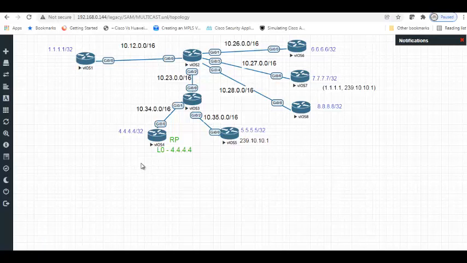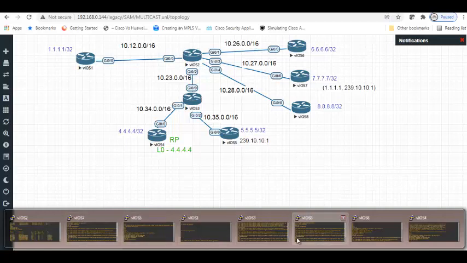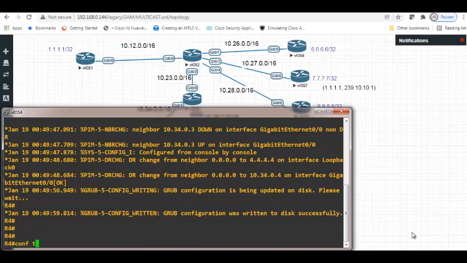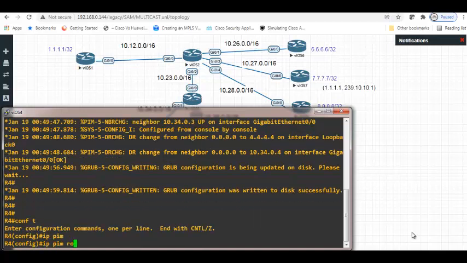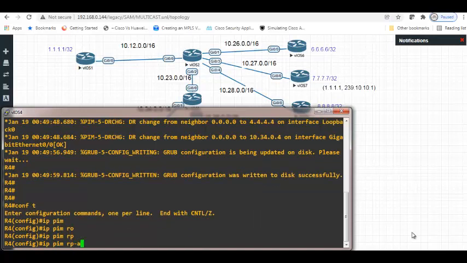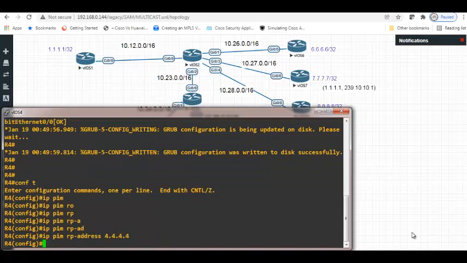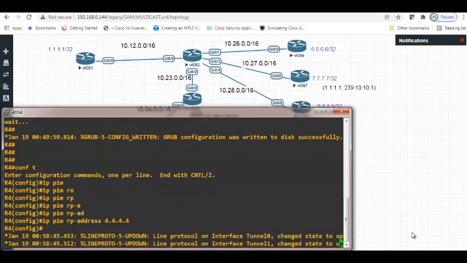Let's start from R4 first. R4, I'm appointing you as an RP. ip pim rp-address. Boom, finished. Now R4 itself knows that I'm the RP.